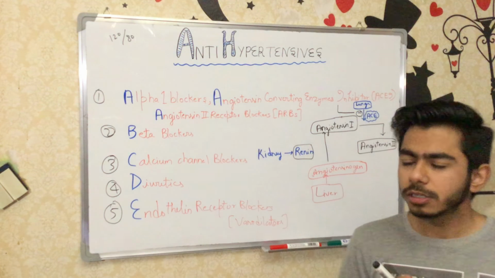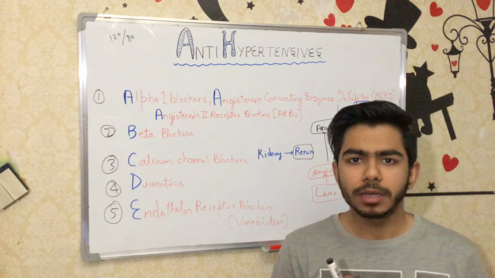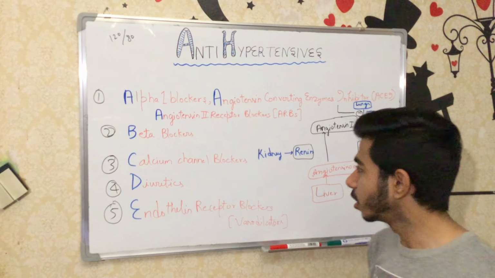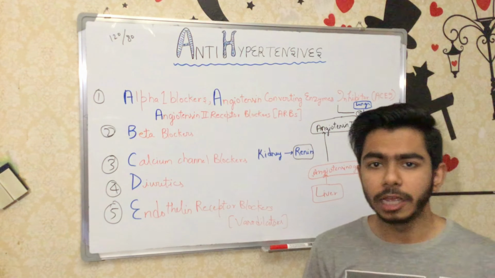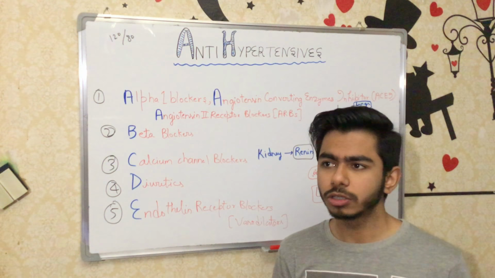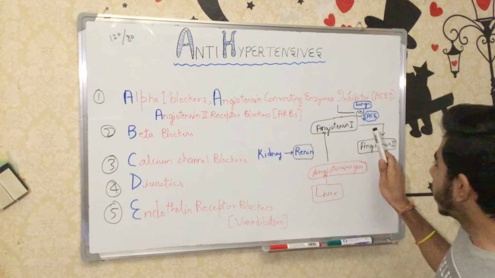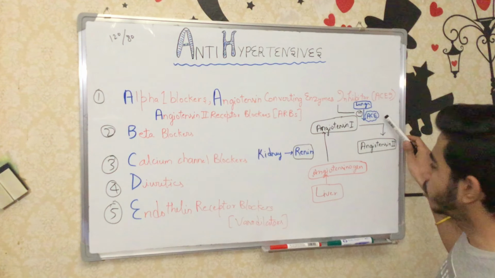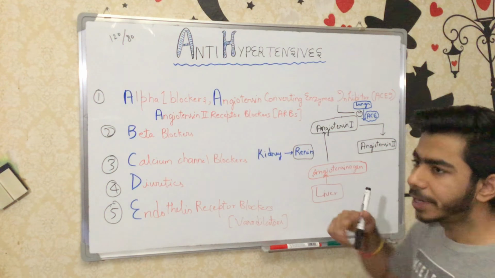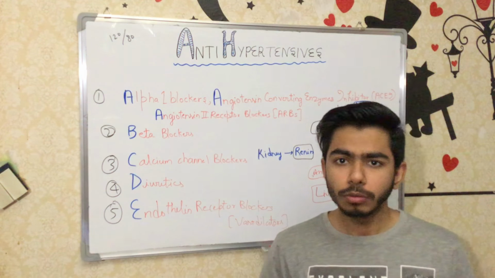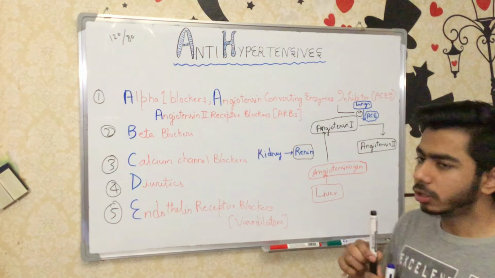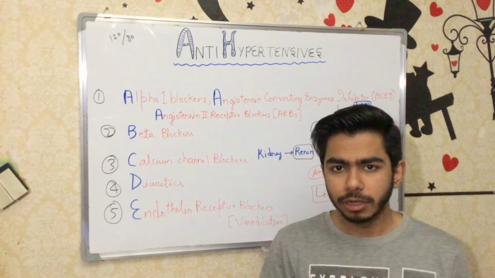Talking about the side effects, they can cause chronic cough and angioedema. Chronic cough is because of bradykinin accumulation in the lungs. Actually this ACE, angiotensin converting enzyme, also breaks down the bradykinin, so the accumulation of bradykinin can lead to the chronic cough.